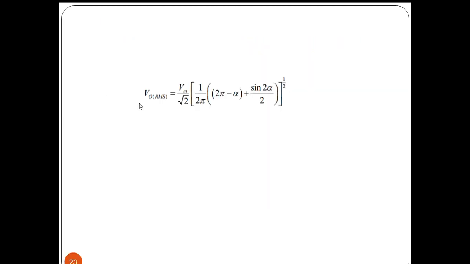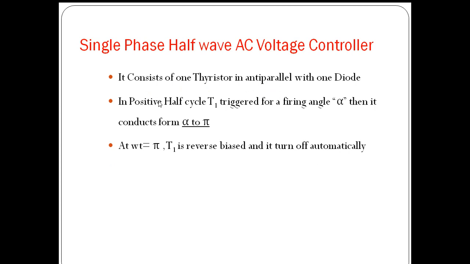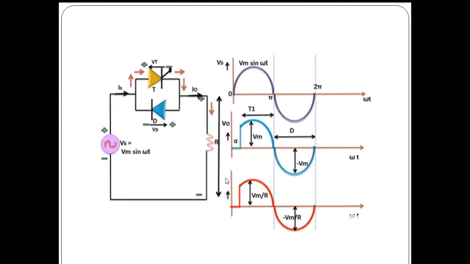The output voltage will be calculated as V naught, where the conduction will be from alpha to 2 pi.